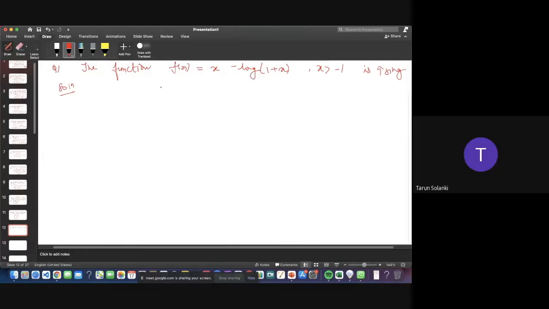Okay, so f(x) is equal to x minus log 1 plus x, where x is greater than minus 1. So f dash x is equal to 1 minus 1 upon 1 plus x. So it becomes x upon 1 plus x, so x of 1 plus x divided by 1 plus x whole square.